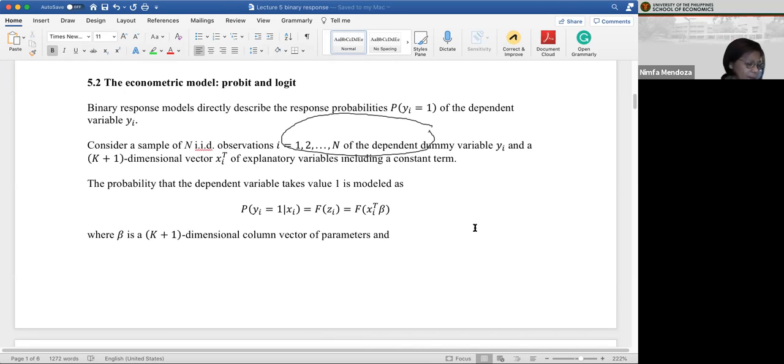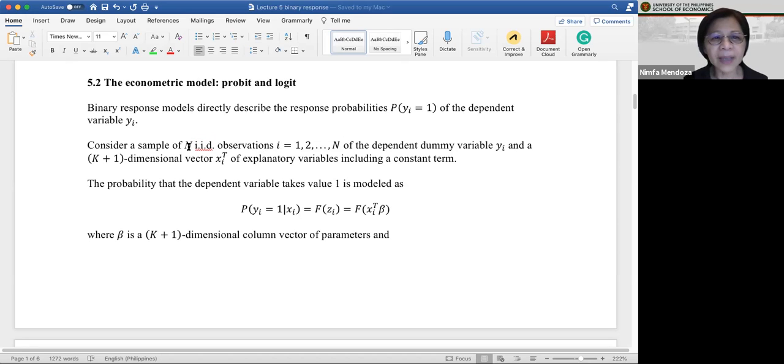Now let's consider a sample of n observations. We're doing random sampling from the same population. So the observations are independently and identically distributed.